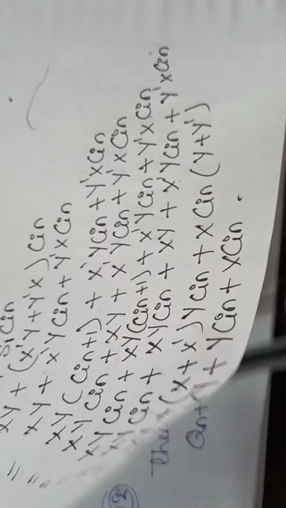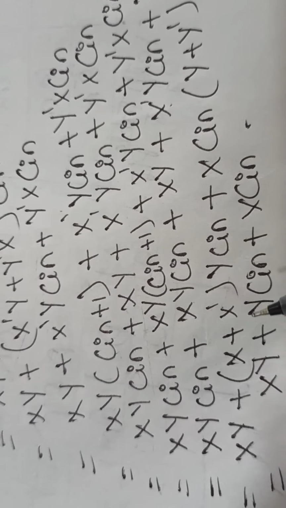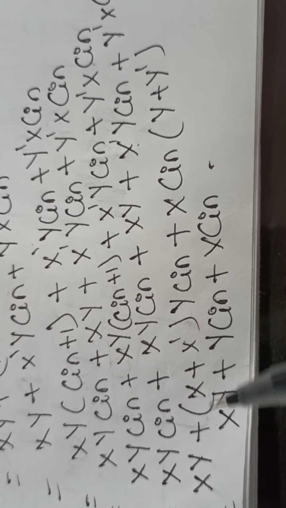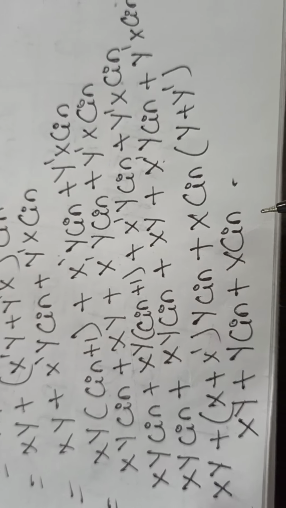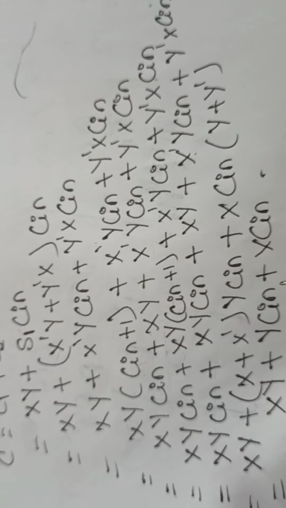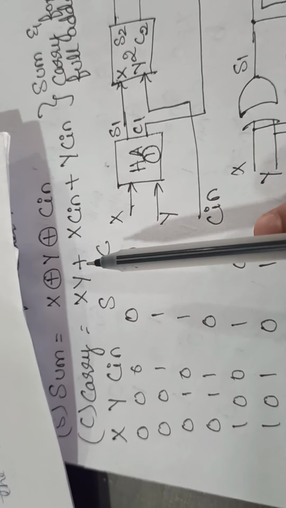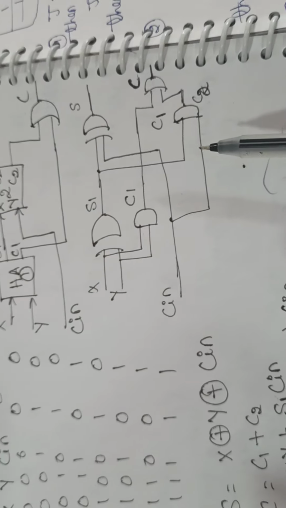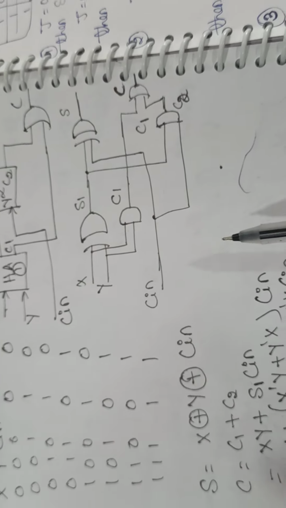I will be left with y plus y bar. Then x plus x bar and y plus y bar is equal to 1. We all know it, that is Boolean law. And finally we got the equation xy plus y c in plus x c in. Compare this equation with the equation which I have written initially. It is one and the same. So with these two half adders, adding only one OR gate will give us a full adder.